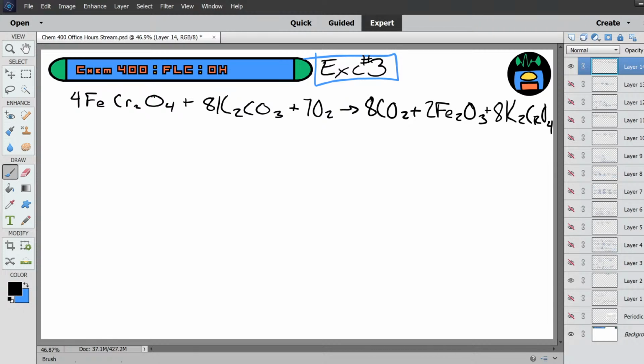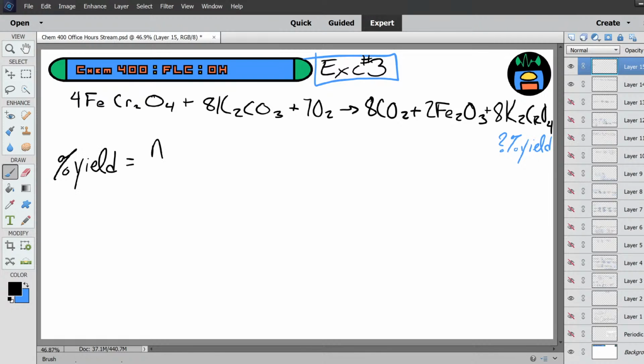So, with this experiment, they want us to calculate what is the percent yield of potassium chromate. And percent yield has an equation, right?